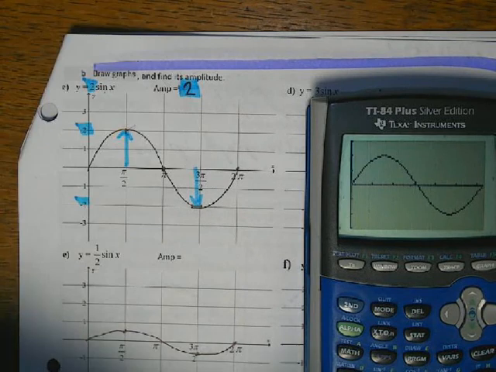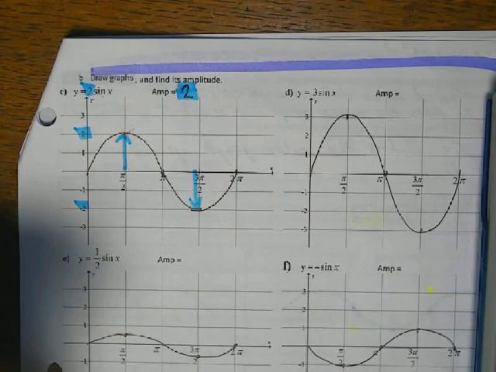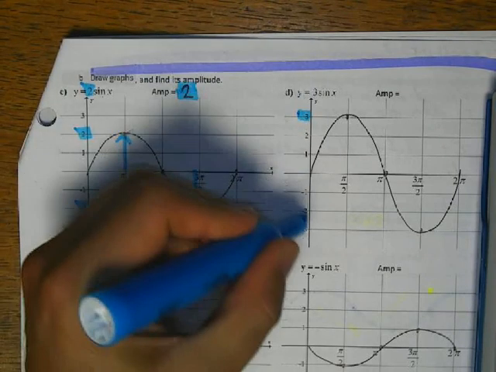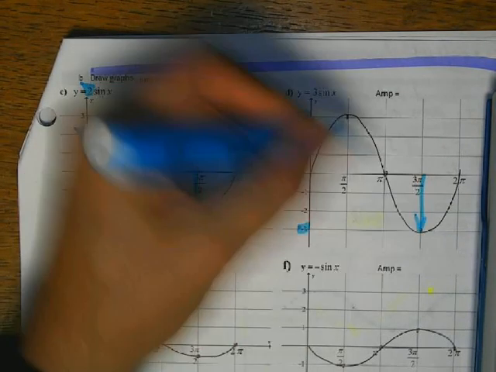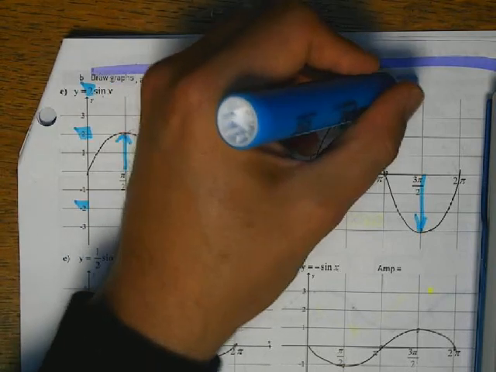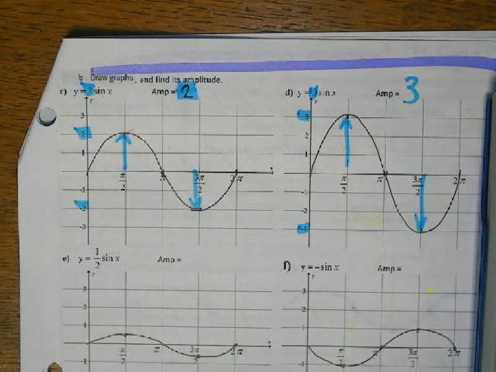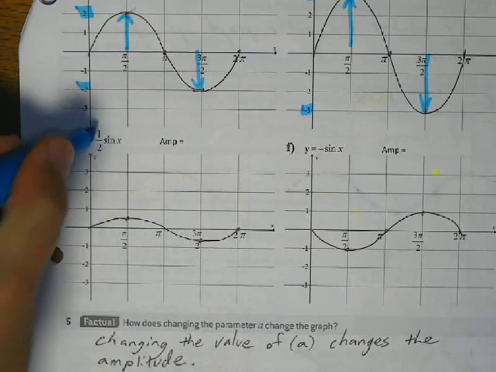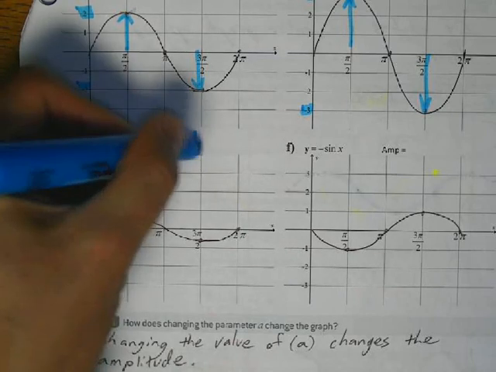If I've got a 3 here, then my amplitude is 3. Same thing here, if I've got a 1/2 here, the amplitude is 1/2.